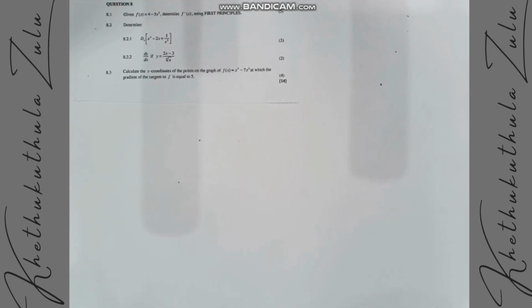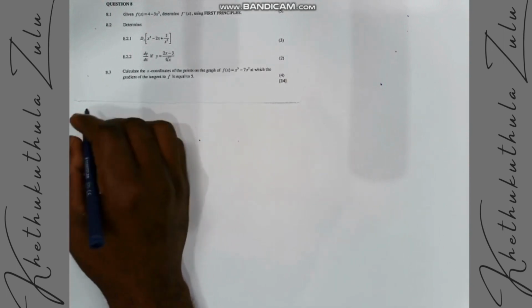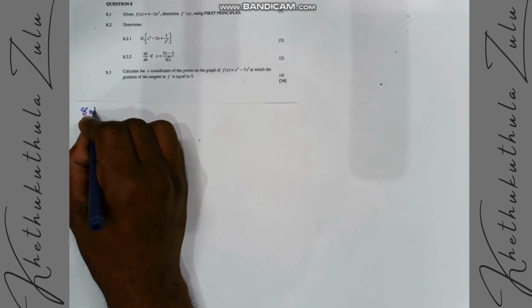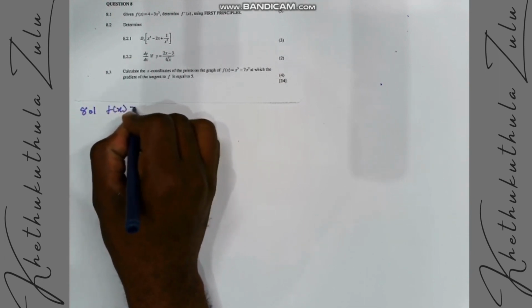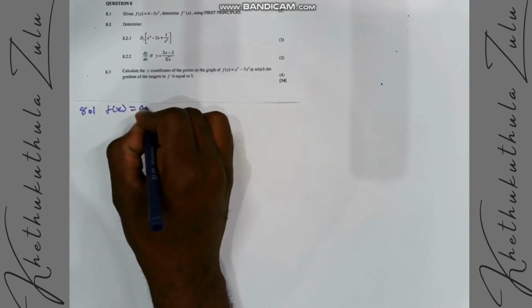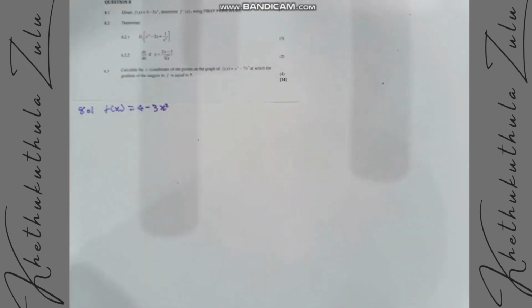We'll be doing some more of the derivative questions that we have here, which is question 8, where we are deriving using first principles. So the first question is 8.1, where it's saying f(x) is equal to 4 minus 3x squared.